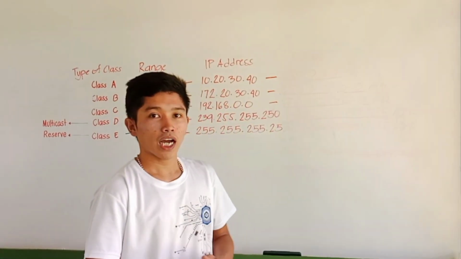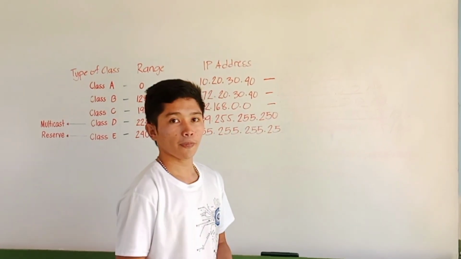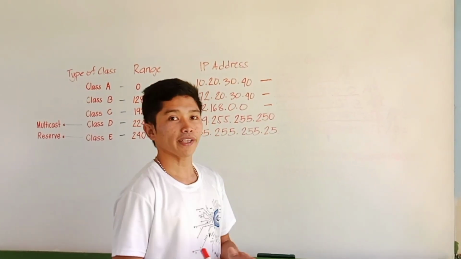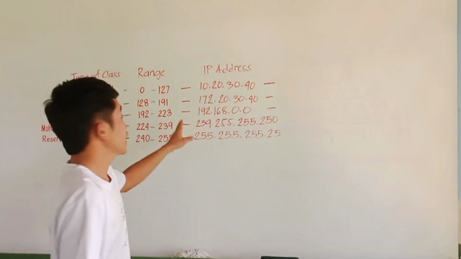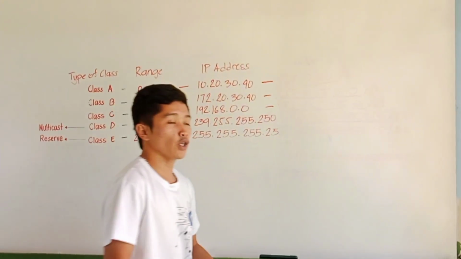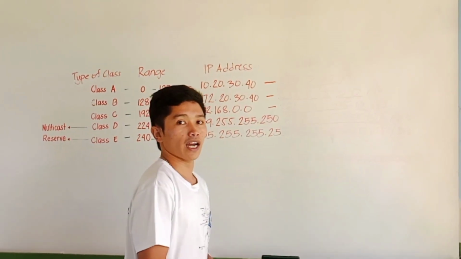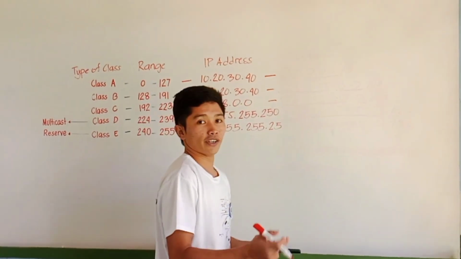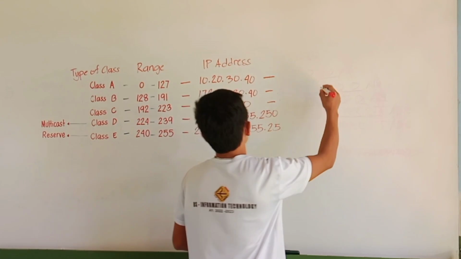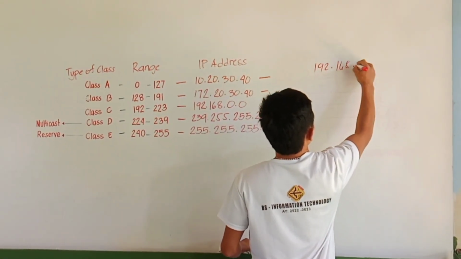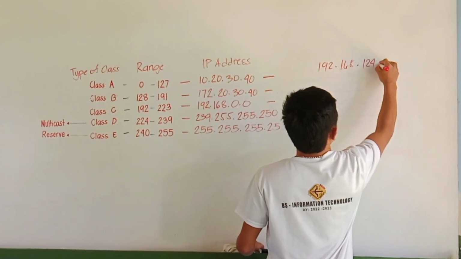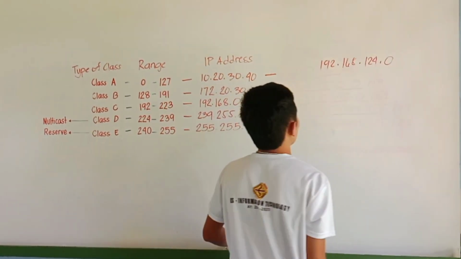And now, I am going to show you how to convert the IP address into binary. I will use class C because class C is our common IP address for this generation. For example, 192.168.124.0.